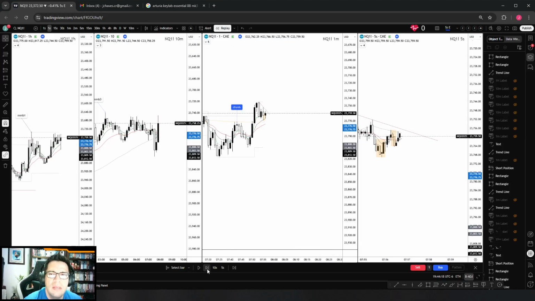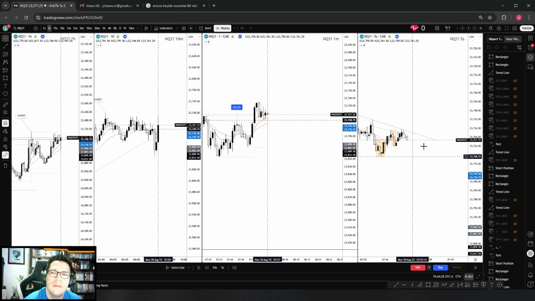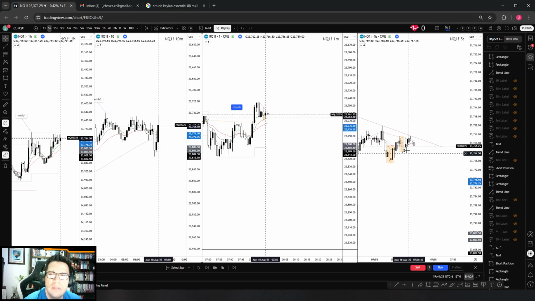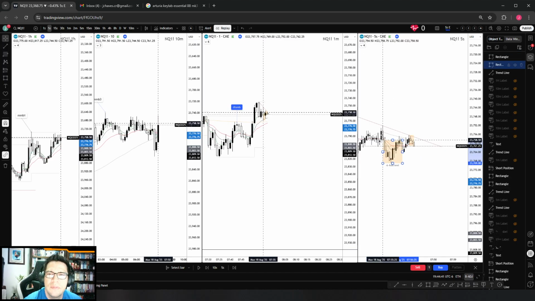So let's see if that somehow would occur here. So at this point, we could look at this double MB here. We're gonna modify this a little bit.